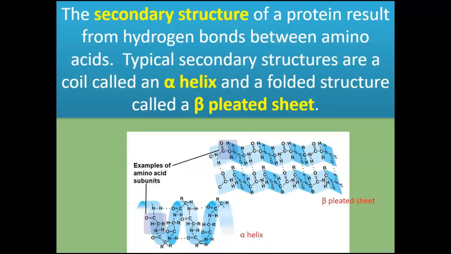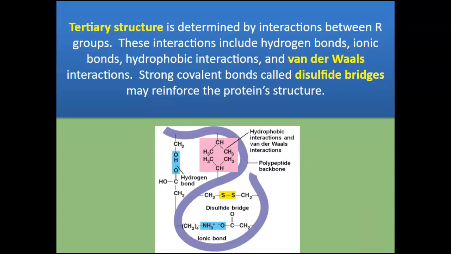From these alpha helixes and beta pleated sheets, other chemistry starts acting. The tertiary structure of a protein is dictated by chemical interactions between amino acids. Specifically, we look at the chemistry of the amino acid side chains.